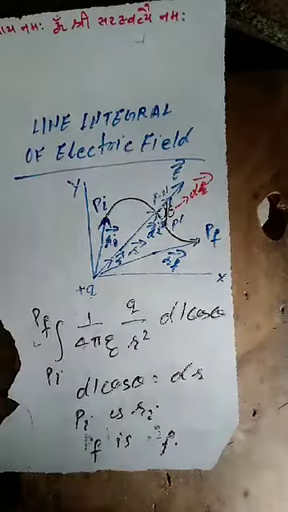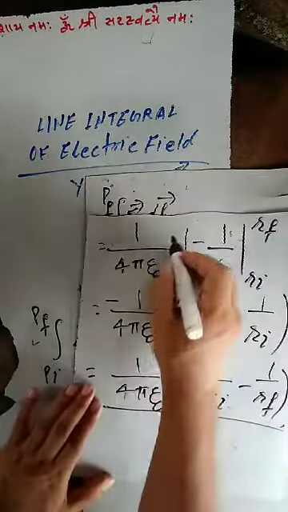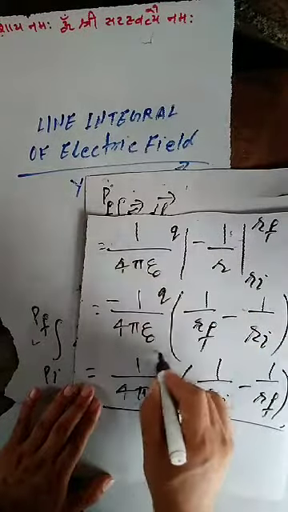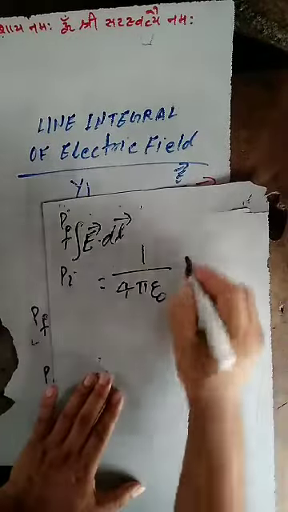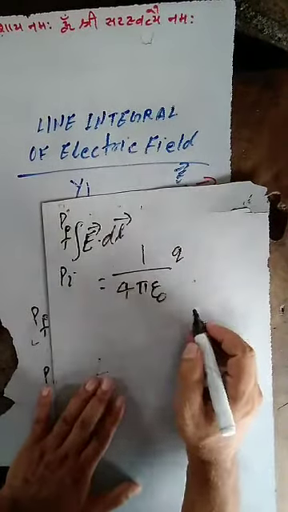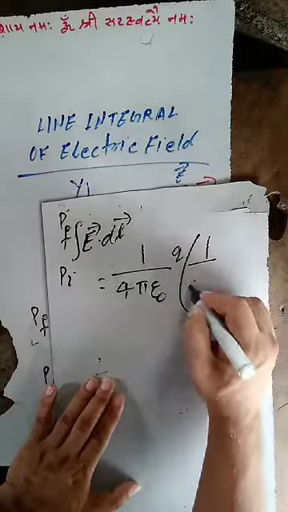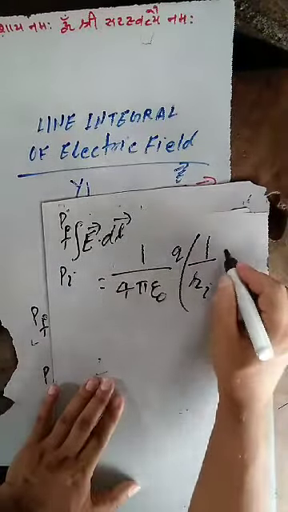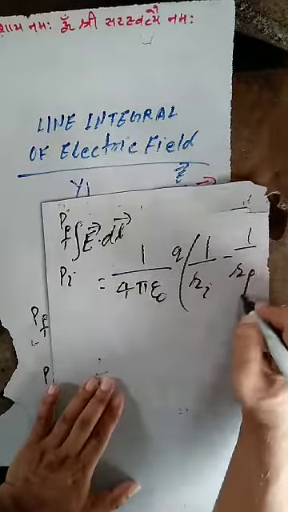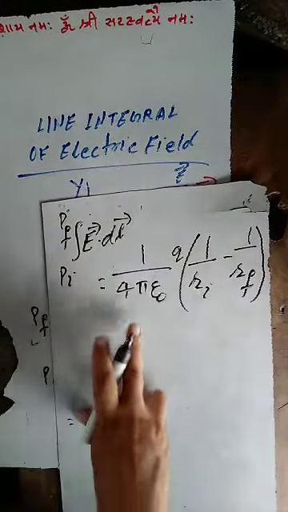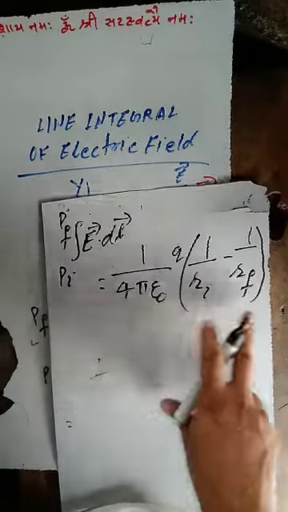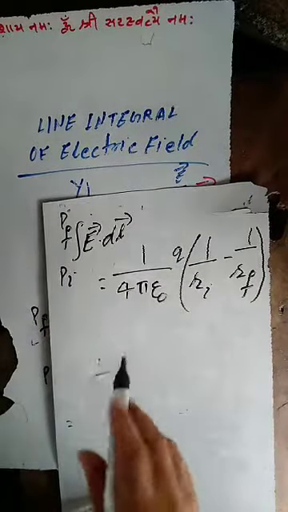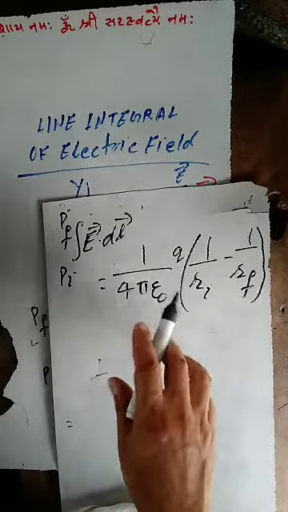One thing is missing here, and it is your charge q. Charge q we got common, so here it is missing. So 1 by 4 pi epsilon naught q into 1 by Ri minus 1 by Rf. Integral from Pi to Pf of vector E dot vector dl.